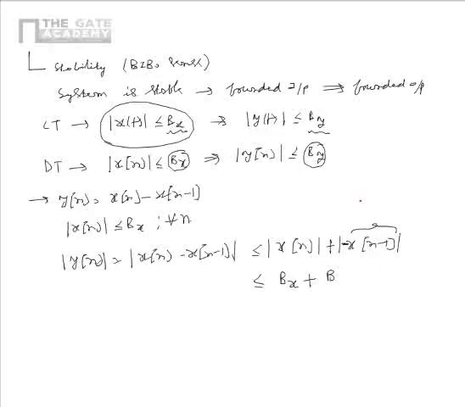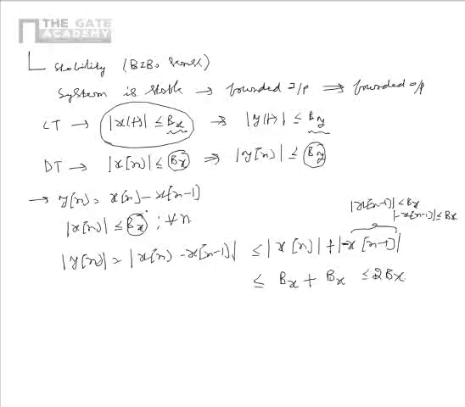Here we know that mod of x of n minus 1 is less than or equal to bx, so mod of minus x of n minus 1 will also be less than or equal to bx. So we can write that this is less than or equal to bx plus bx, which is less than or equal to 2bx.